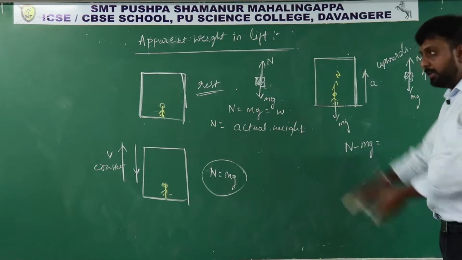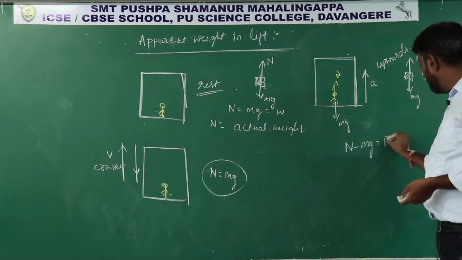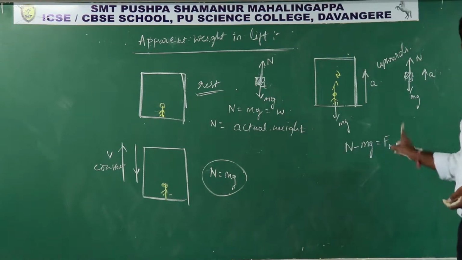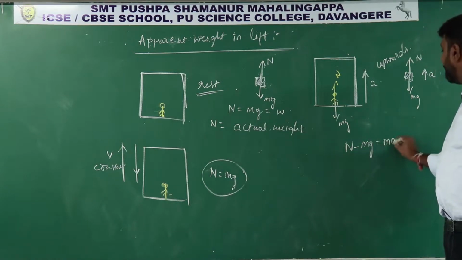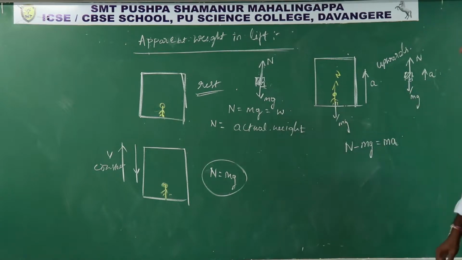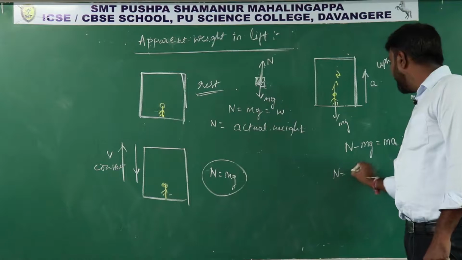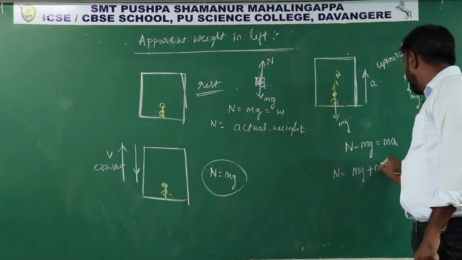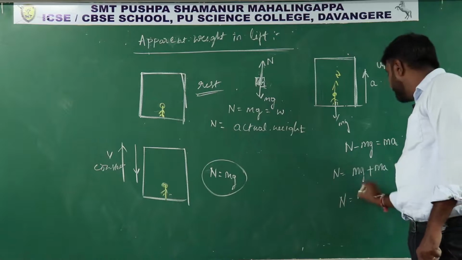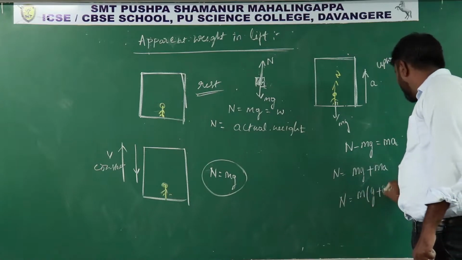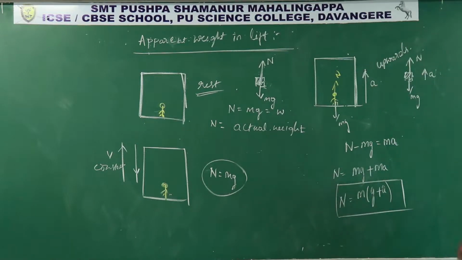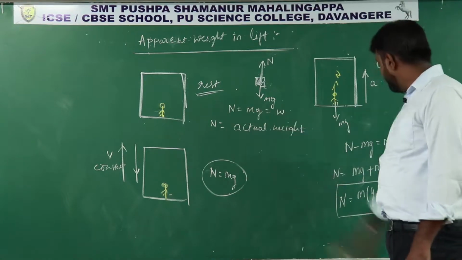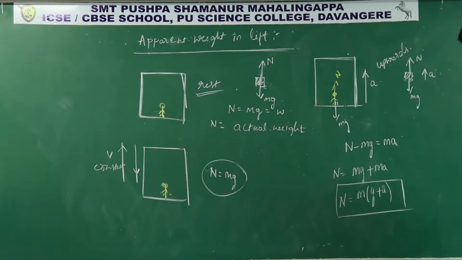Why? Because it is moving with some acceleration. You can write it as the net force. Now it is not 0, N minus mg is not 0. That F net I can write as m into a according to Newton's second law of motion. Then N equals mg plus ma, so N equals m of (g plus a). Earlier we had N equals mg, but here we got N equals m(g plus a).